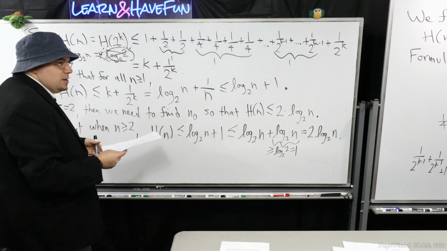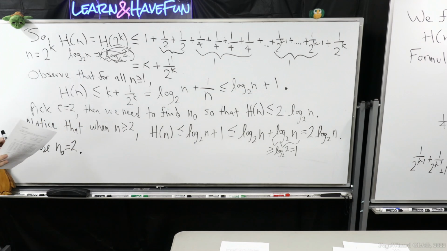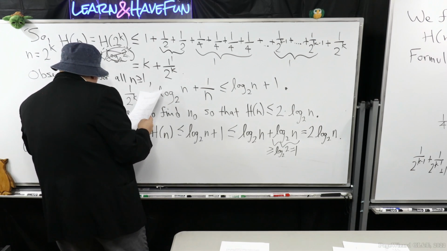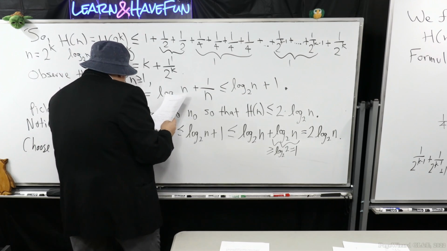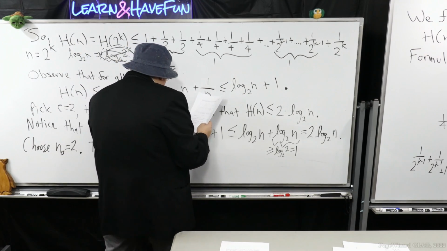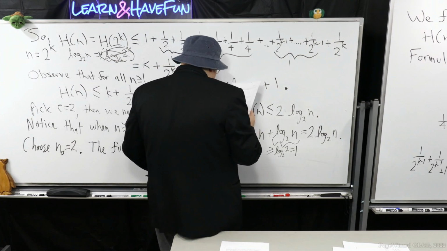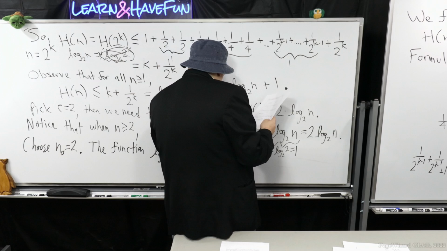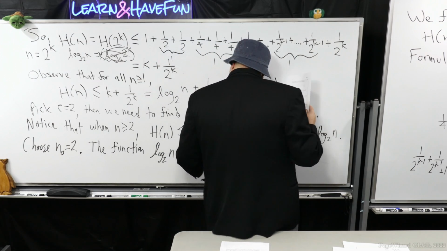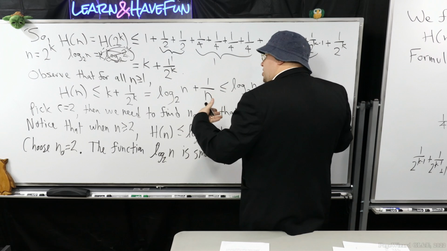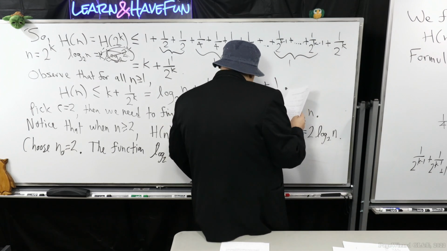And now we employ the smoothness rule. The function log base 2 of n, remember we established this earlier on, is smooth. So this is us invoking the fact that log base 2 of n is smooth, so we're just going to use the smoothness rule here.